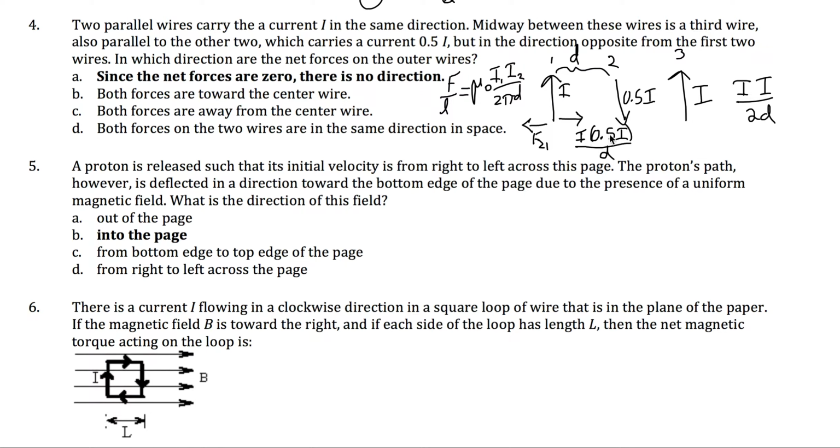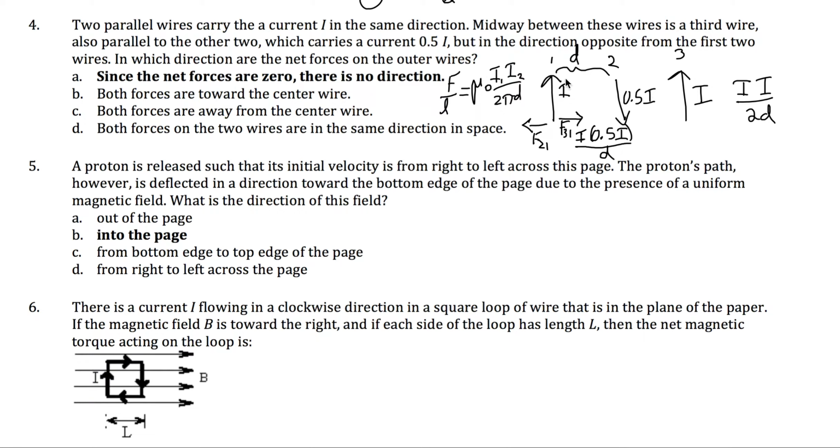So for the force between 1 and 2, we had a factor of 1/2 on the top. For the force between 1 and 3, we have a factor of 2 on the bottom. That's equivalent. This is still a factor of 1/2 here, because you're dividing by 2. So it turns out that because here you have half the current, but you're also closer, while here you have more current, but you're further away, the two forces are exactly the same, but they're in opposite directions.